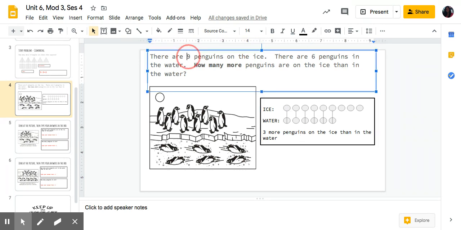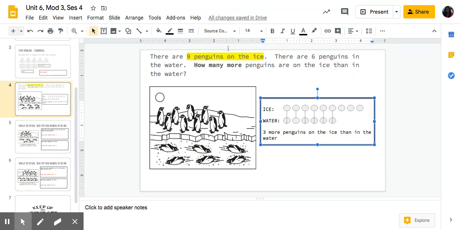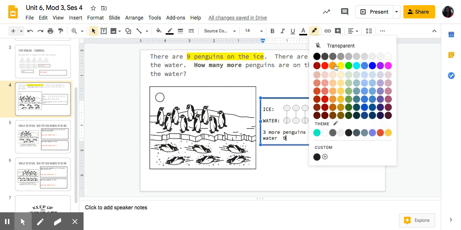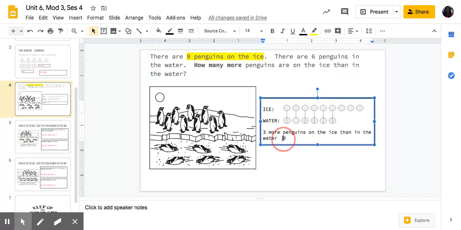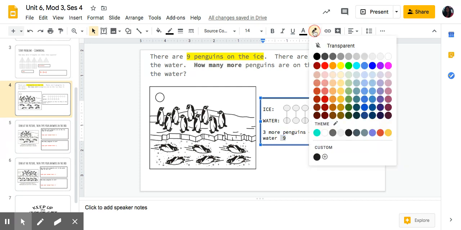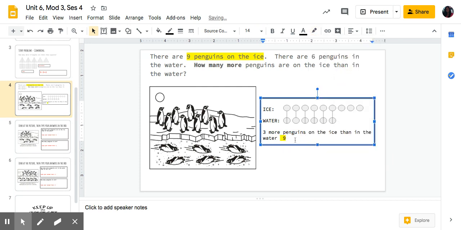So since there's 9 penguins on the ice, I'm going to start with 9. And let's make this yellow so you can see how it matches the story problem.